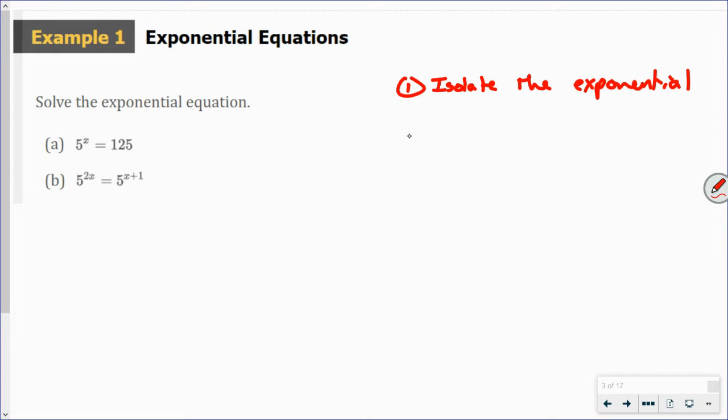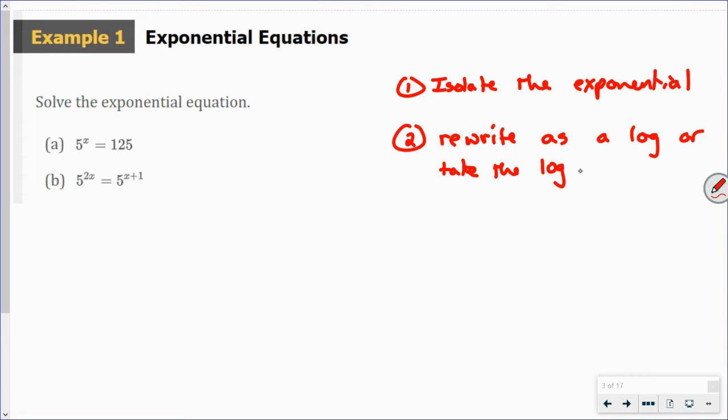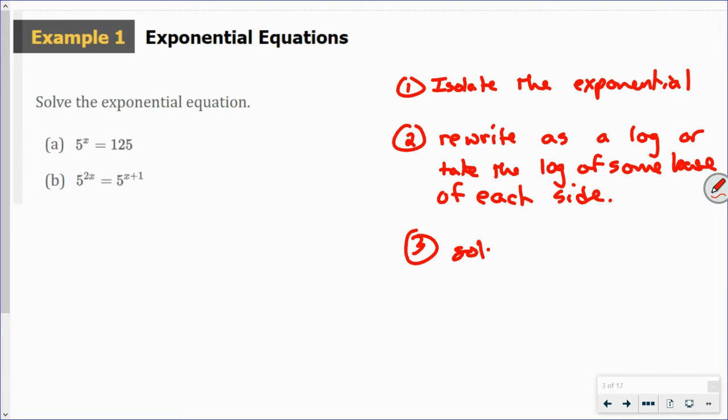Step 2, rewrite as a log, or you can take the log of some base of each side. And we'll see both of those examples here coming up. And then step 3 is just solve.